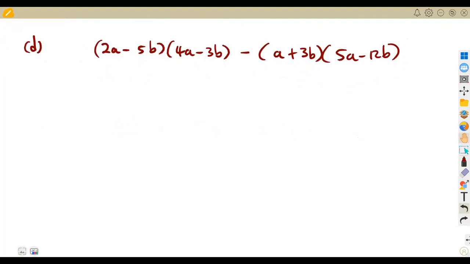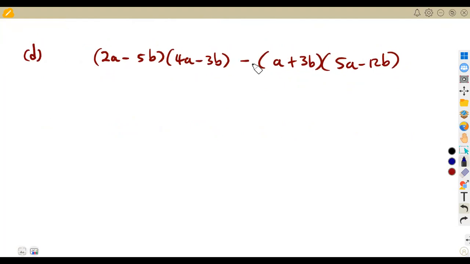So if you are given two brackets like this, we talked about this, 2a is to multiply everything in the second bracket. It's the same thing with the second part, but consider that we've got a subtraction now. So whatever we get here, we are supposed to subtract our terms at the end.